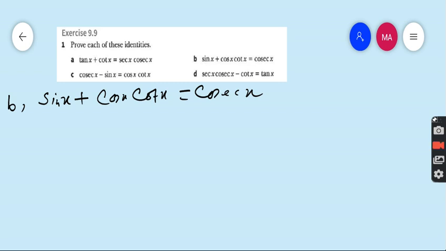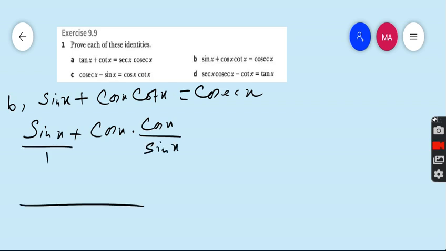So sin x remains sin x plus cos x multiplied by cot x, which is what? Cos x upon sin x. If we take the LCM, sin x, sin into sin is sin square x, sin cancels to sin, and cos into cos is cos square x.